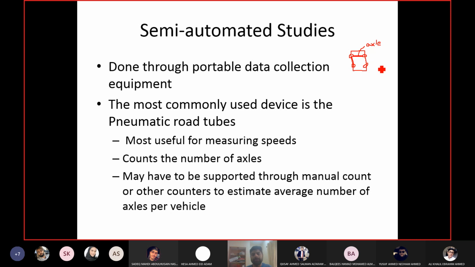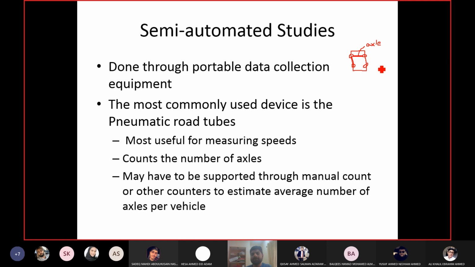You can also use the pneumatic road tube to calculate the speed data as well. How? Again, there is some calculation and some observation required.